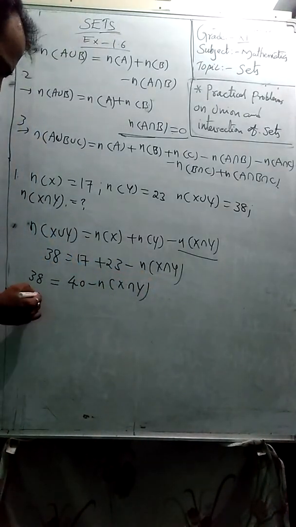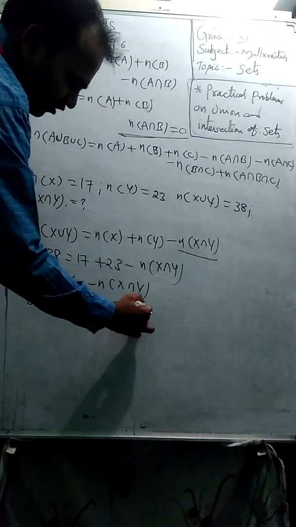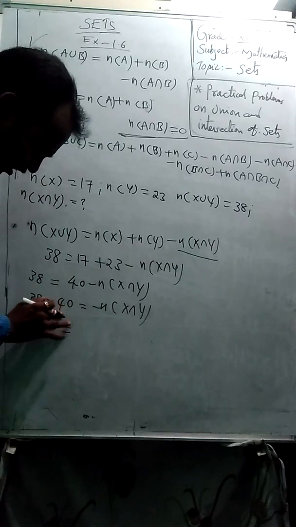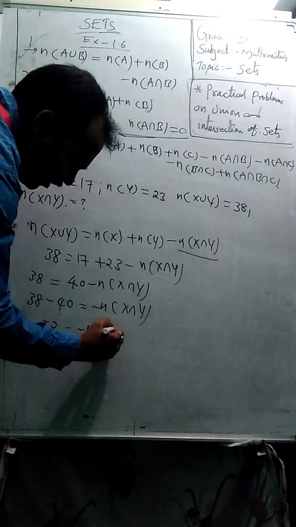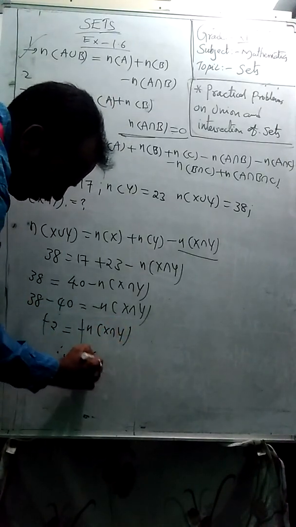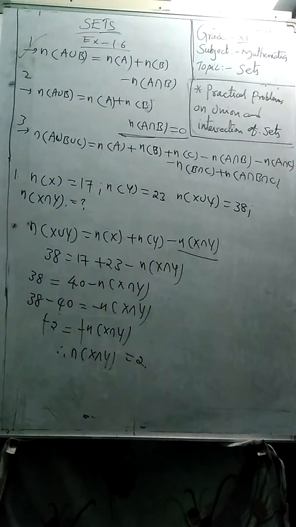Now 38 minus 40 is minus 2, because the larger number is negative, equals minus n of x intersection y. Minus cancels. Therefore, n of x intersection y is equal to 2. This is the way to solve problems on two different sets. Let us discuss some more problems, students.